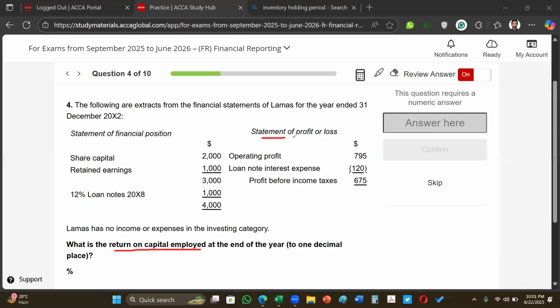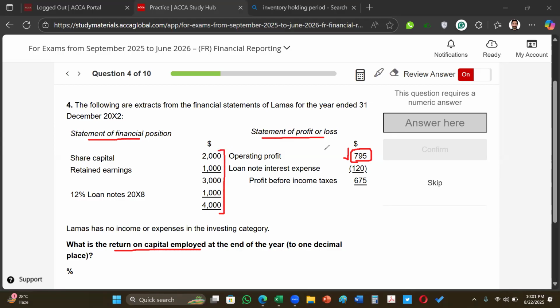We have the statement of profit and loss, and we have the statement of financial position. From this, we get the operating profit. So this is the figure that we need, the figure before the interest expense and before the taxes. So we're going to take this figure and divide it by the equity plus debt, which is your capital employed. So we simply do this.